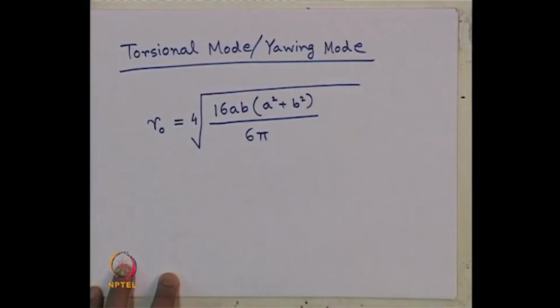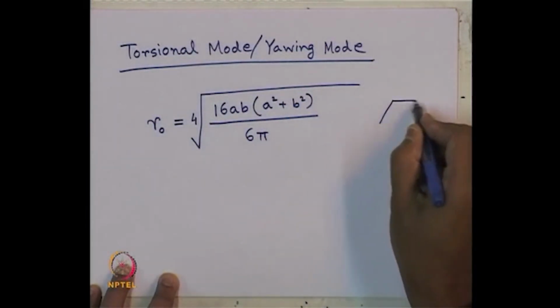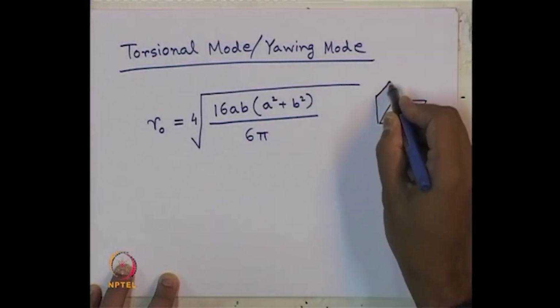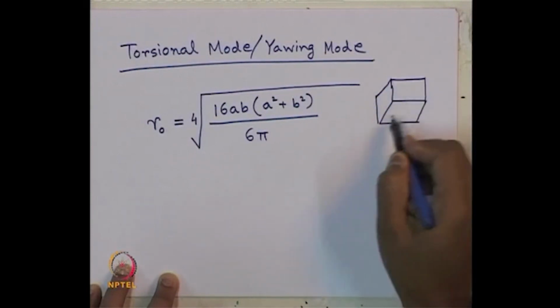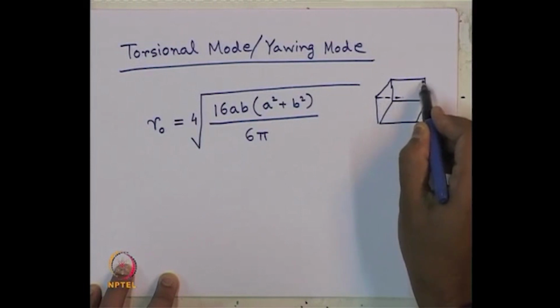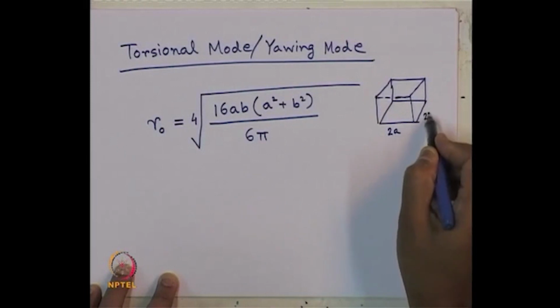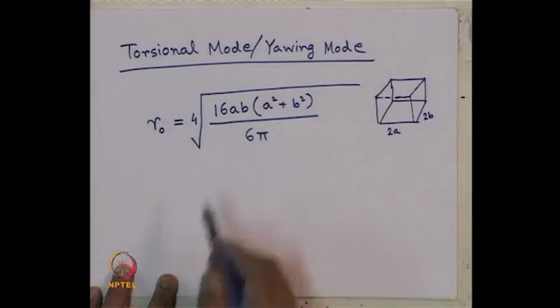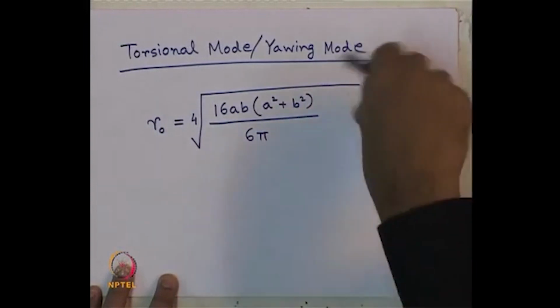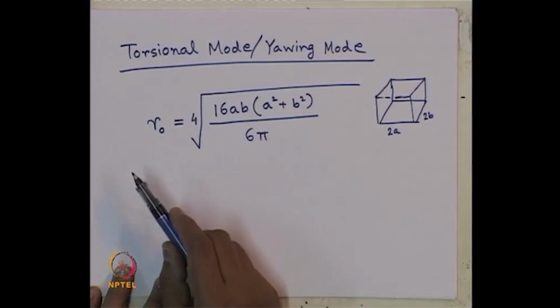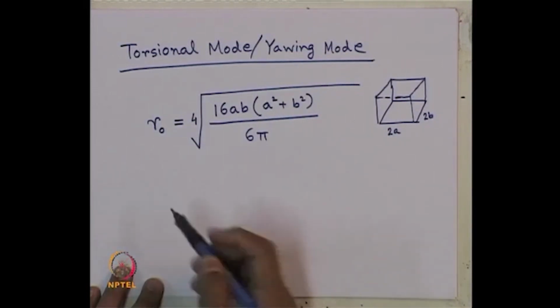This is the formula where plan dimensions are given as 2a and 2b. That is what a and b are. So, for the case of torsional or yawing mode, this is the way we calculate the equivalent radius of a circular footing by equating the area moment of inertia.